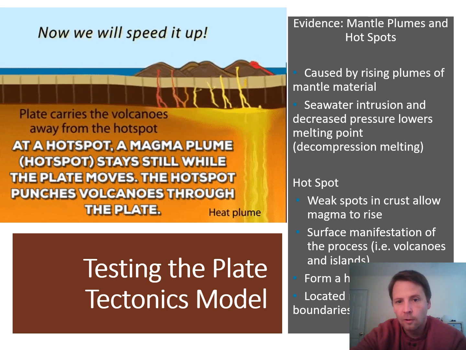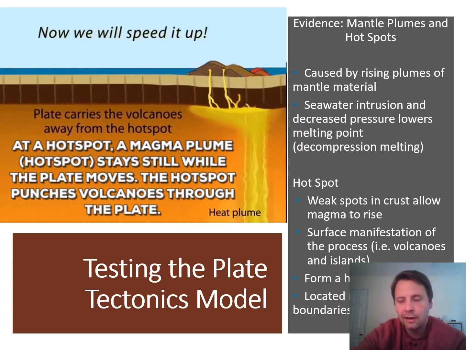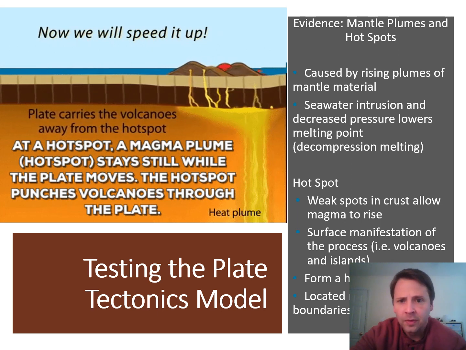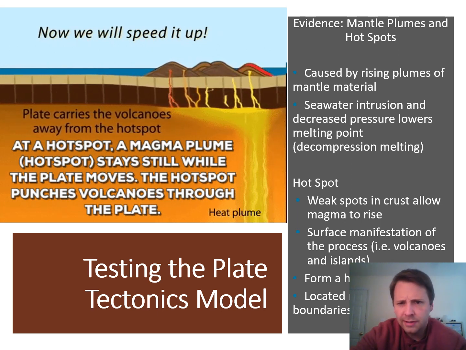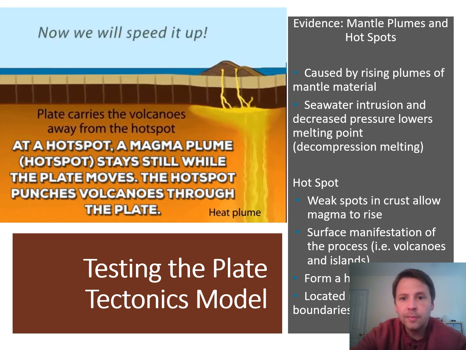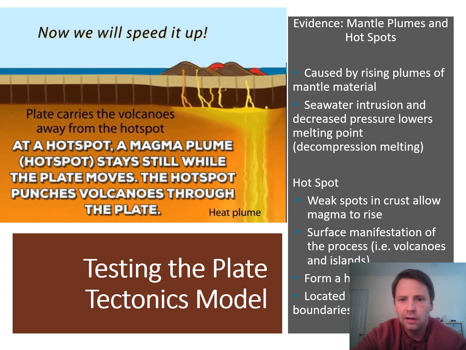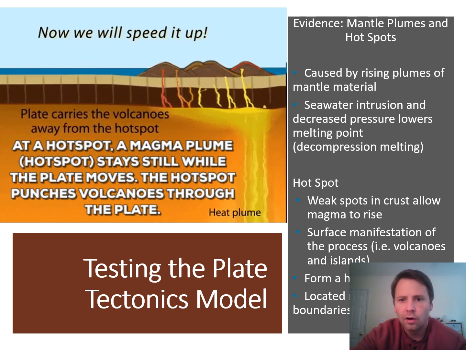Seamounts, if you recall, are essentially these volcanoes, islands under the sea, and then once they rise out of the sea, they're volcanic islands. So as the plate's moving, you're creating land above the water.